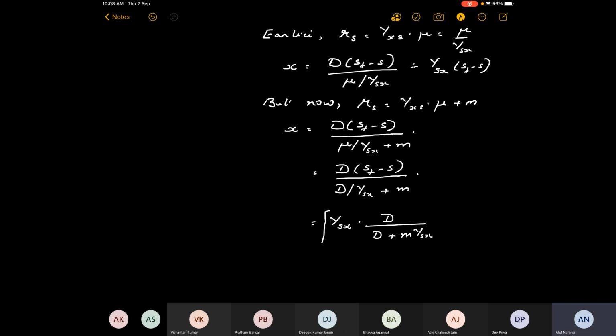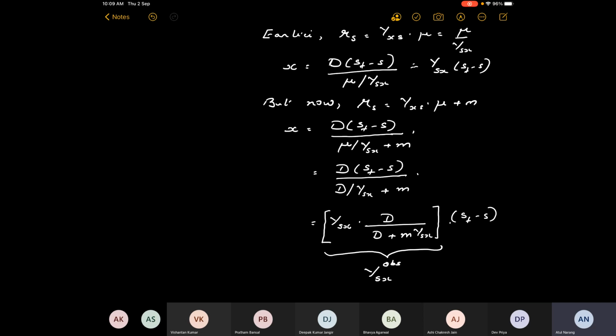I take this whole thing together and multiply that by (SF minus S). And this whole quantity I call Y_XS observed. This is just a defined quantity.